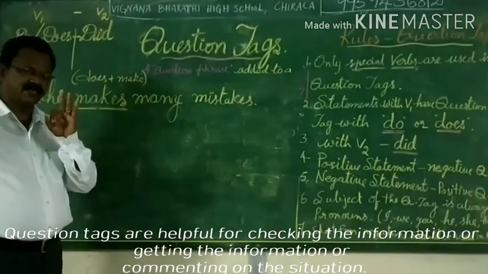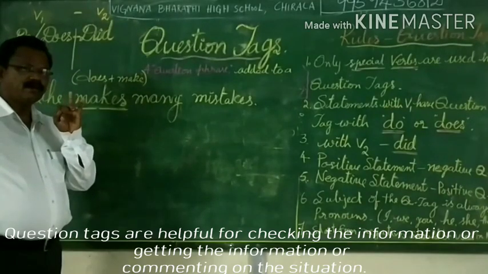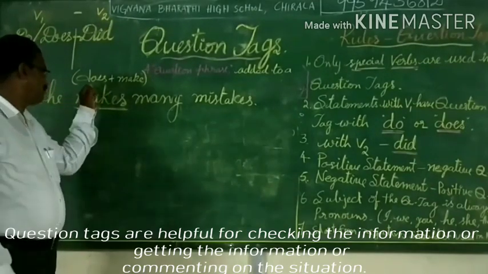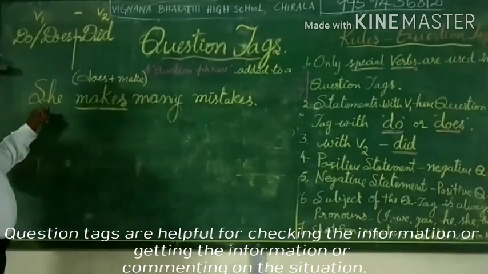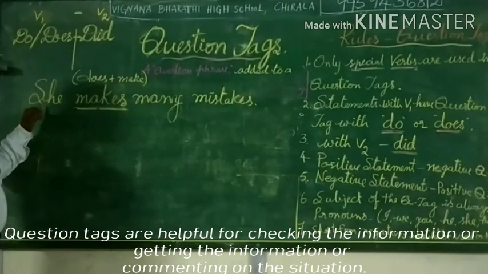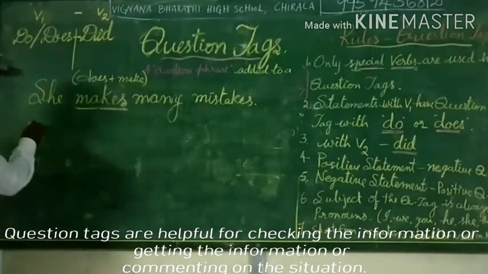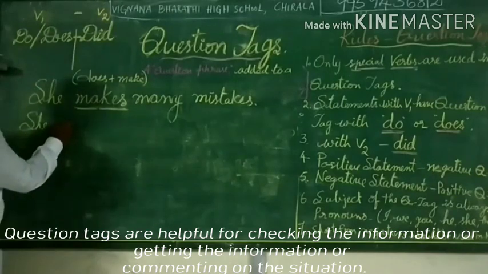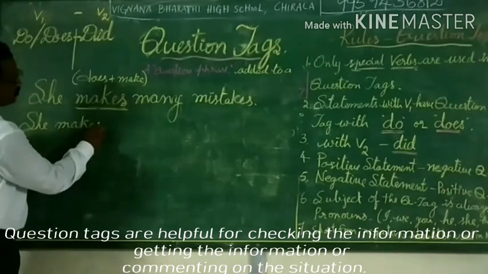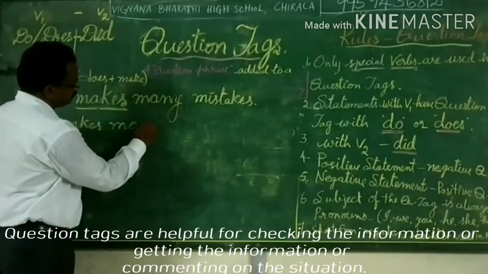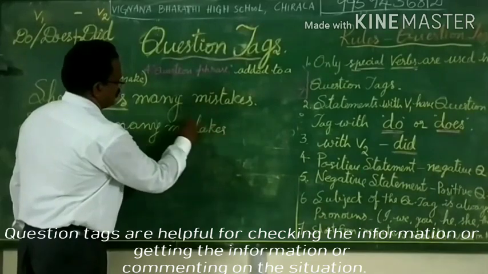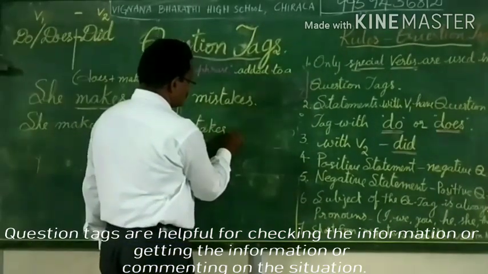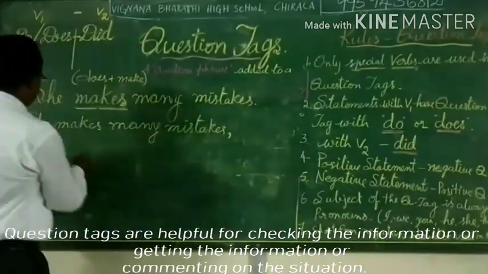That is why this is a positive statement. We understood three things here. Positive statement, the main verb in does form. Makes comes under does form, and the subject is already in pronoun form. So we write the statement here. She makes many mistakes, comma.